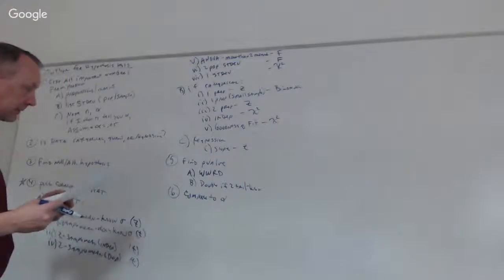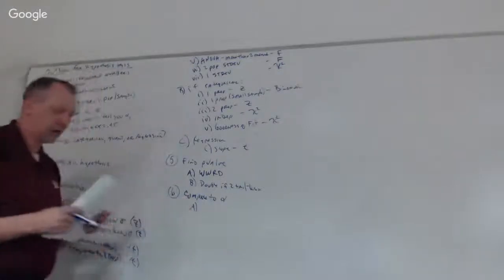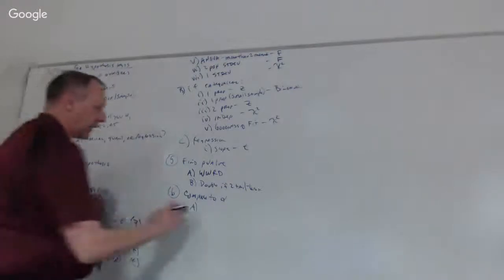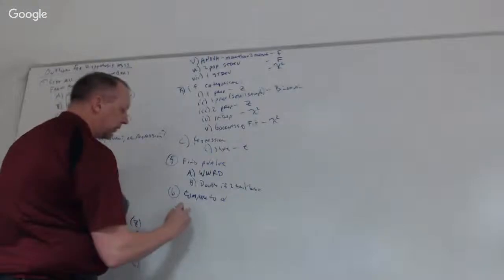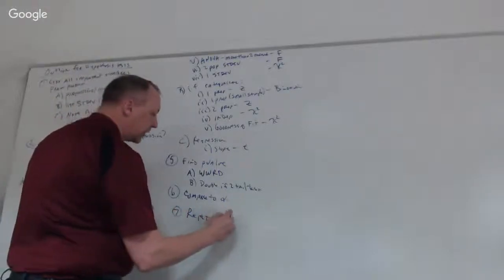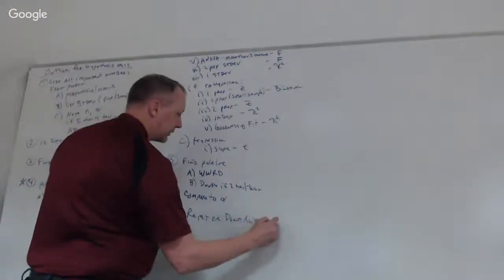And I'm going to give you a little phrase. Oh, actually, no, I'll give that to you in just a second. Step number 7 is decide whether you're going to reject or do not reject the null.